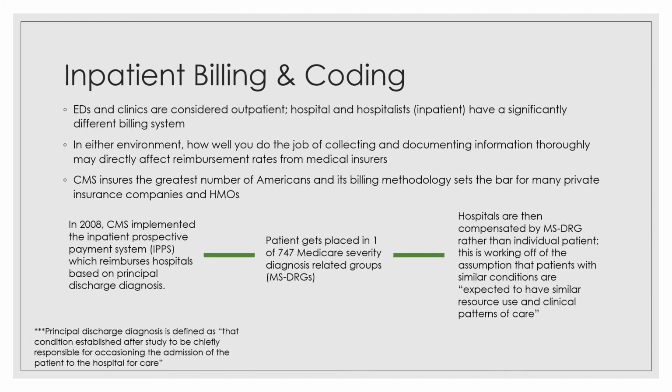A patient gets placed in one of 747 Medicare Severity Diagnosis Related Groups, MS-DRGs, and hospitals are then compensated by MS-DRG rather than by the individual patient. This works off the assumption that patients with similar conditions are expected to have similar resource use and clinical patterns of care. Principal discharge diagnosis is defined as that condition established after study to be chiefly responsible for occasioning the admission of the patient to the hospital for care.